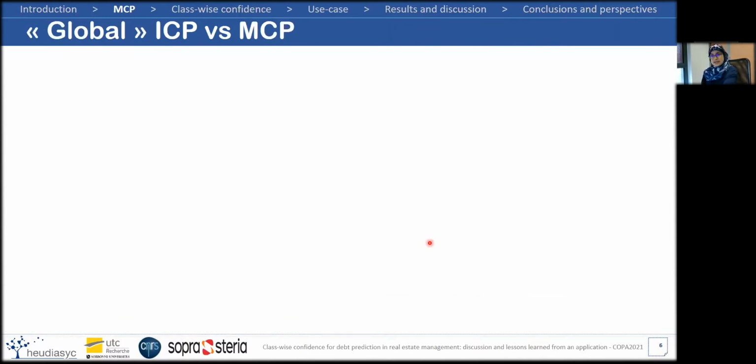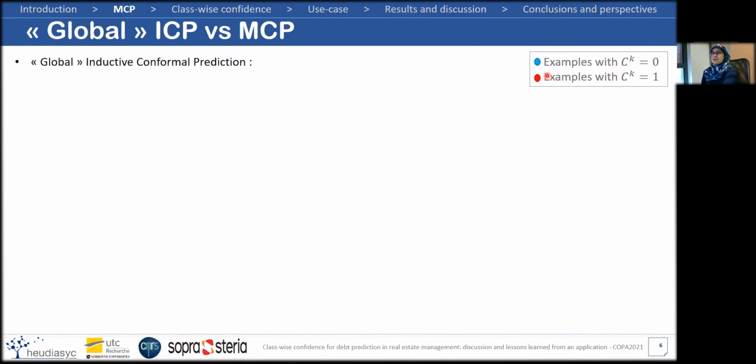Let's see how this is done by comparing the global or standard classical inductive conformal prediction versus Mondrian conformal prediction. I'll take the class conditional case with binary classification. In the global inductive conformal prediction, all the examples in the calibration set are taken into consideration.